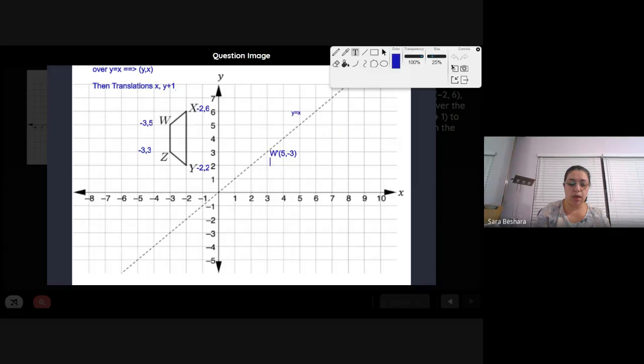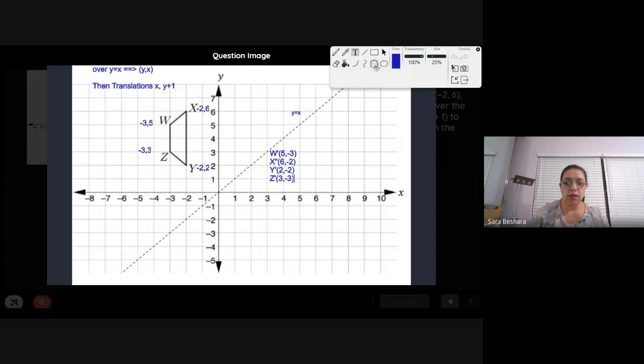X prime is (6, -2). Again, I'm swapping, no change in the sign at all. Then I'm going to do Y prime, and that would be (2, -2). And then I'm going to do Z prime, which is (3, -3).